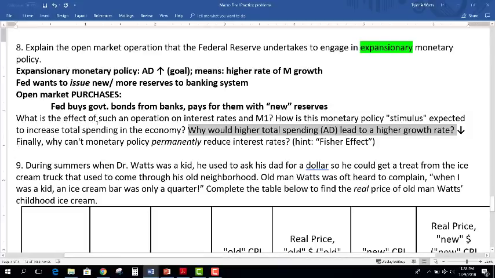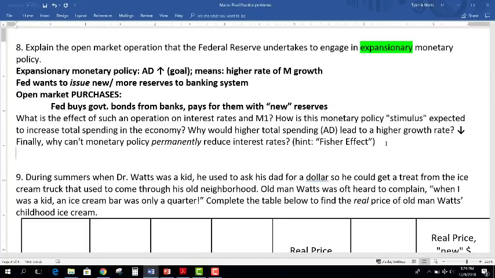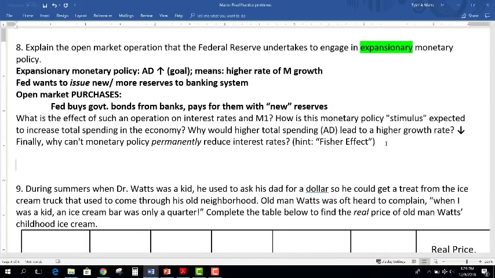And that gets us into this issue of why can't monetary policy permanently reduce interest rates? Well, let's review the Fisher equation and the Fisher effect. The Fisher equation says that the nominal interest rate is equal to the real interest rate plus the inflation rate.